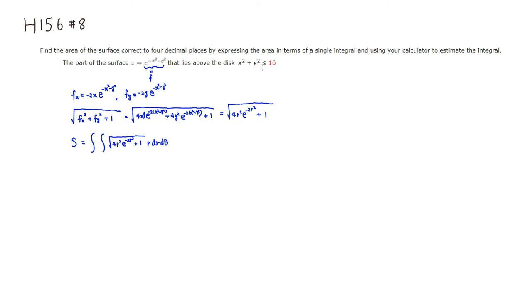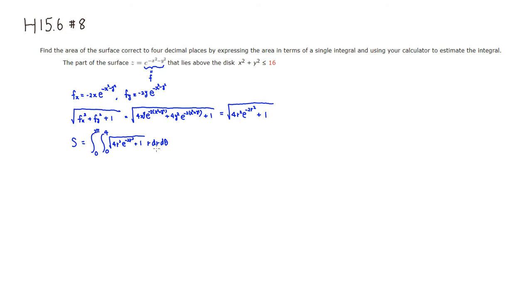Then the disk is x squared plus y squared less than or equal to 16, so the radius is 4, so r goes from 0 to 4. Then to cover the entire disk, theta has to go from 0 to 2 pi.